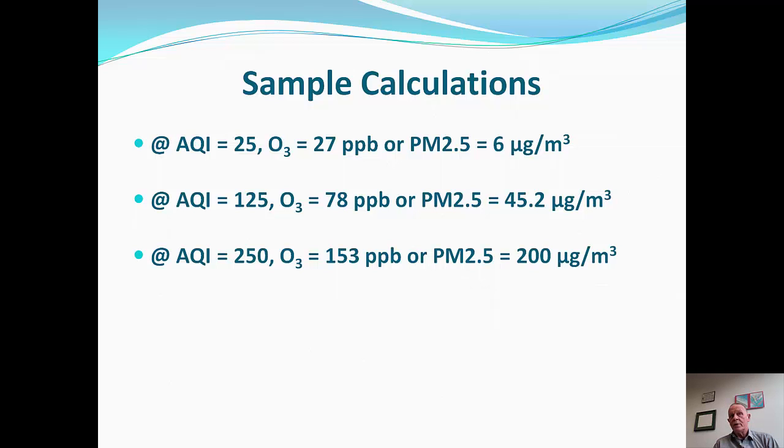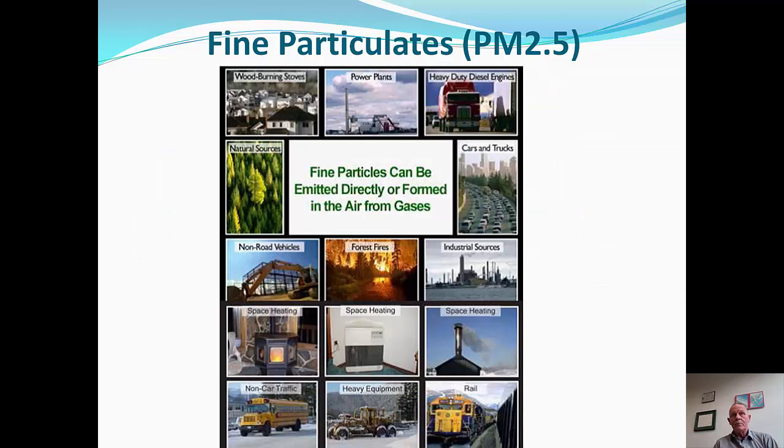So for instance, at 125, even though that's 5 times the AQI of 25, you're only up about a factor of 3 in ozone and a little bit more than 5 for the PM2.5. If you go up to 250, where you're 10 times as high, instead of being 10 times 27, you're 153, but the PM is actually 200 micrograms per cubic meter, which is considerably more than 10 times. So both of these scales are nonlinear, is my point.